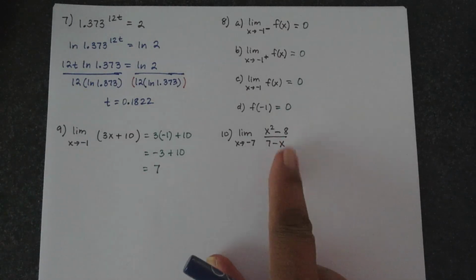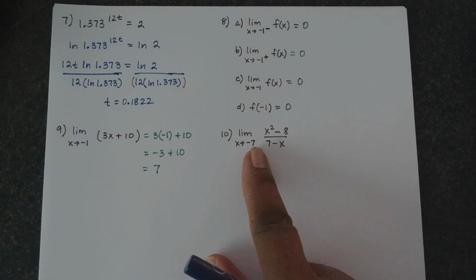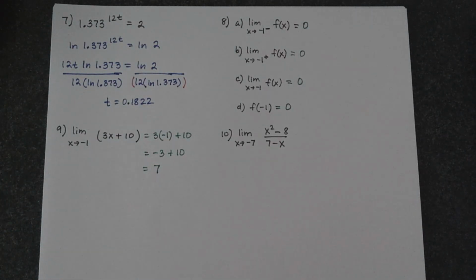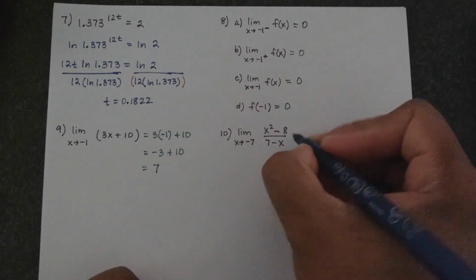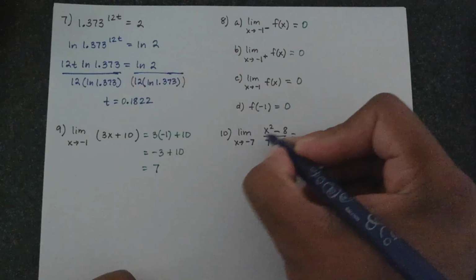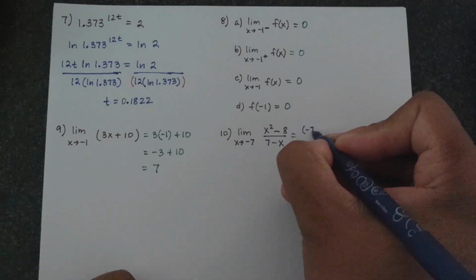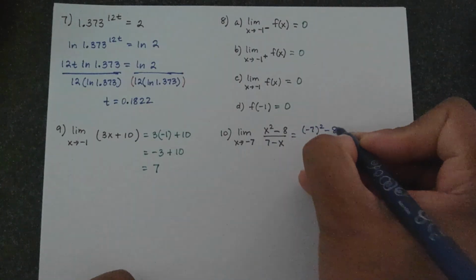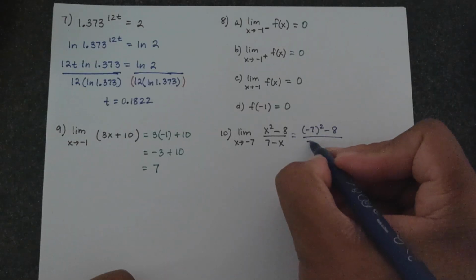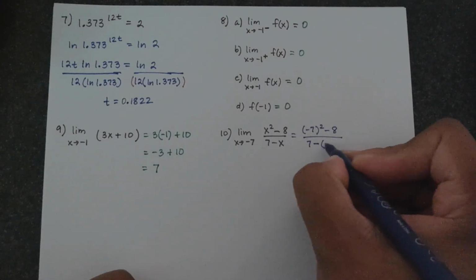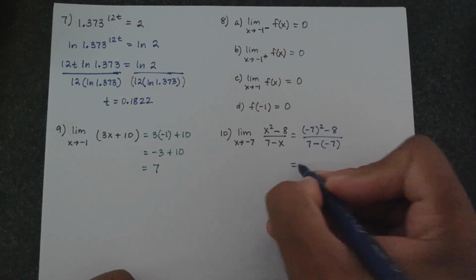Now, as long as we don't get a 0 in the denominator, which we won't because 7 minus a -7 won't give us 0, we can use direct substitution. So I'm going to replace the x with -7, so this will be -7 squared, minus 8, divided by 7 minus x, which is -7.